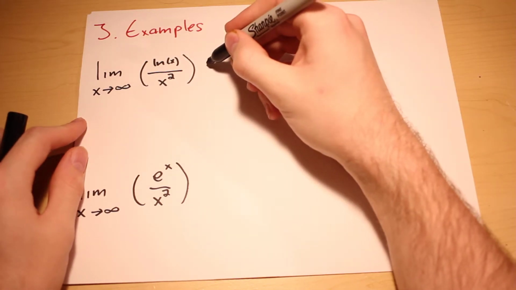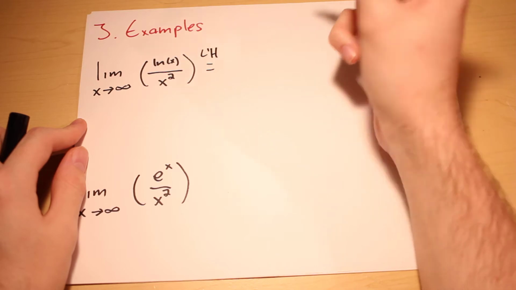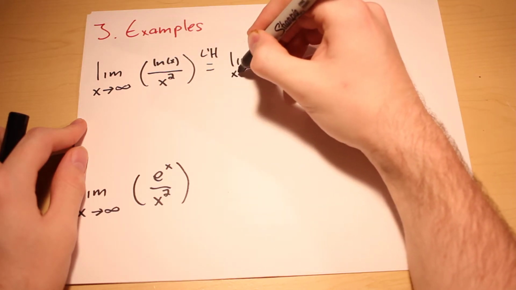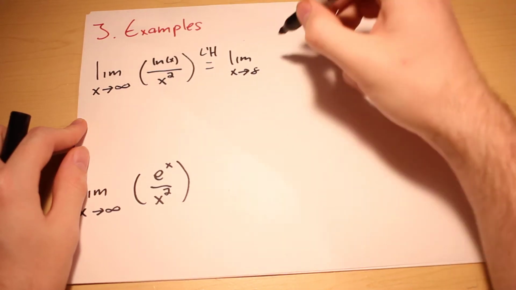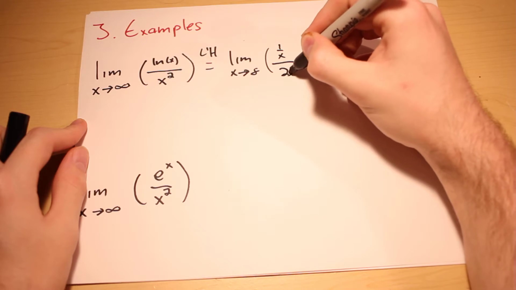The way we would go about doing this is by taking the derivative of the top and the bottom, resulting in the limit as x approaches infinity of 1 over x over 2x.